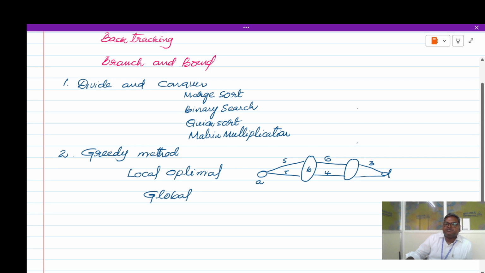So the total cost is 14 by this path. And if this path, maybe suppose it is 7, then 7 plus 4 is 11, plus 2, 13 only. But according to the greedy strategy, in the first step you will choose the lower cost one without thinking about the further paths and further options. You will not explore the other options. You will take a decision locally.